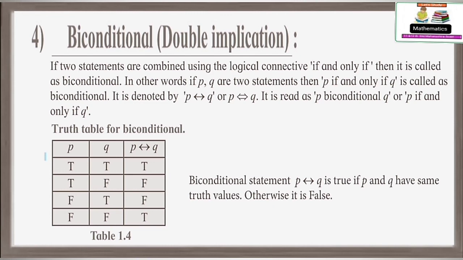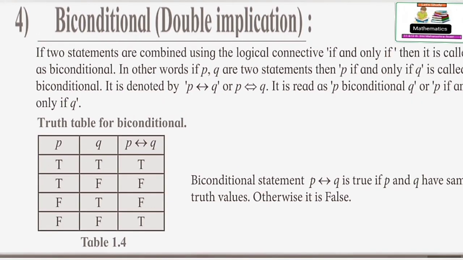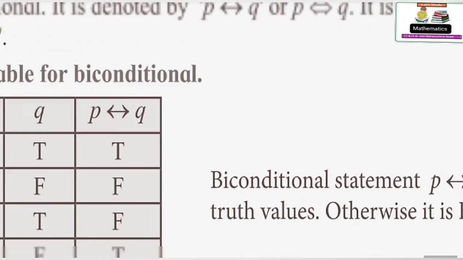That means remember only two rows, the first and the fourth, because in the first row both statements have the same truth value T, so P biconditional Q is true. And in the fourth row both are false, that means they have the same truth value, so the biconditional is true and the others are false.